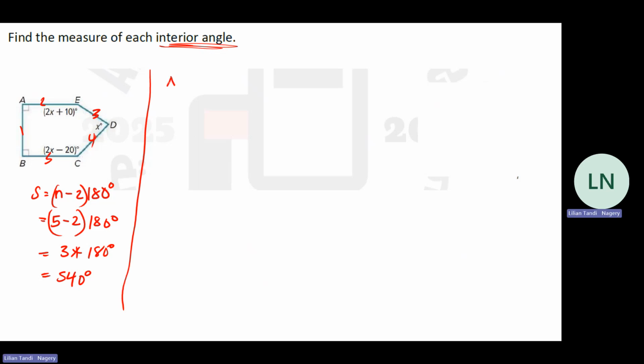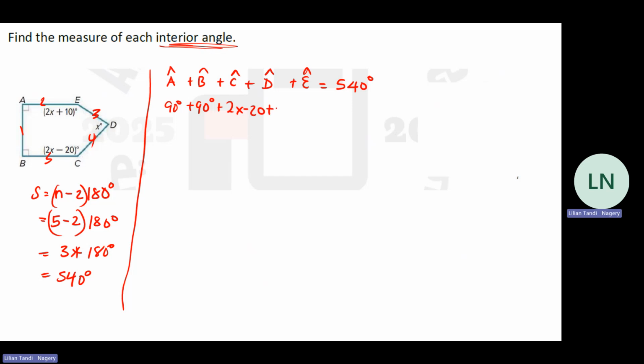After I find that, now I can write my equation. So I know that angle A plus angle B plus angle C plus angle D plus angle E should give me 540 degrees. Angle A is 90 because that symbol means 90. Angle B is also 90. Angle C is 2x minus 20.